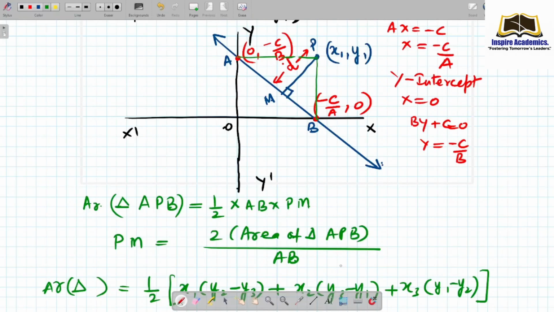So x1, y1 are as it is, okay. After that, take the second one as x2, y2 and the third one as x3, y3.